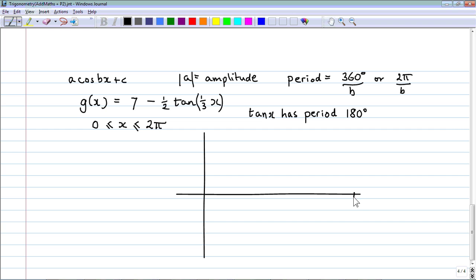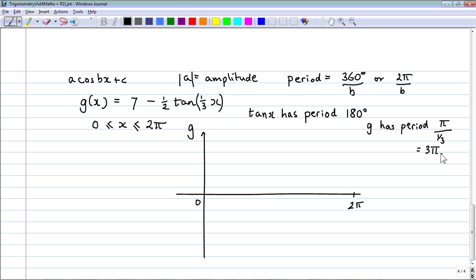so suppose here is 2 pi, this is 0, this is g, and now we need to think about the period of g. Well, g has period 180 degrees, or pi, divided by b. Here b is a third, so it's actually 3 pi is the period.